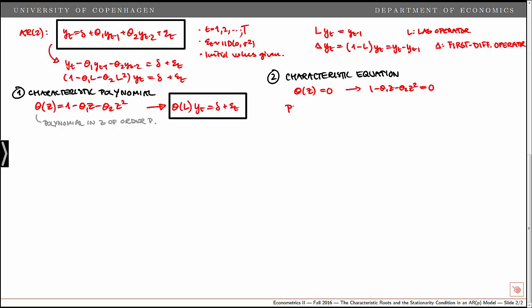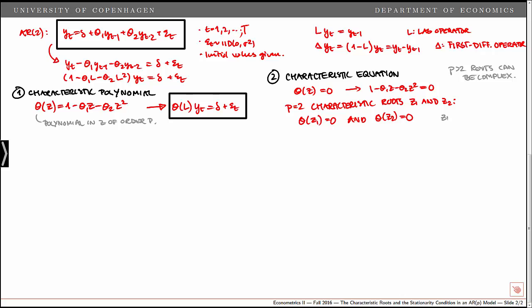We have p equal to 2 characteristic roots, z_1 and z_2, and they are the values which satisfy the characteristic equation. So the polynomial evaluated in z_1 is equal to 0, and likewise the polynomial evaluated in the second root is equal to 0. Note that we have p roots, and if p is higher than 2, then the roots can be complex.